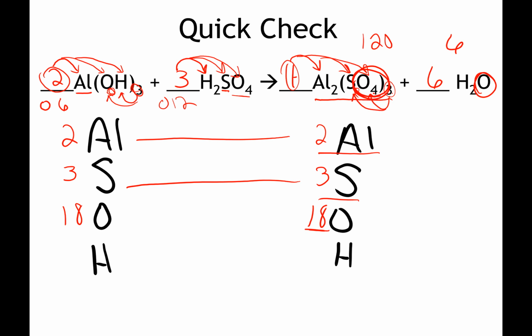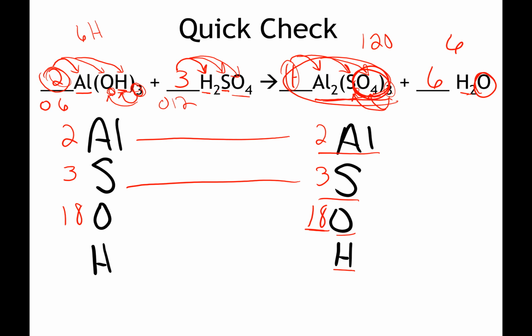In this case, it probably would have been easier to go on to hydrogen and skip oxygen, because hydrogen is in 3 of my substances, not in all 4 like my oxygen is. If I look at my hydrogen, I have 3 times 2, which gives me 6 hydrogen from this first substance.